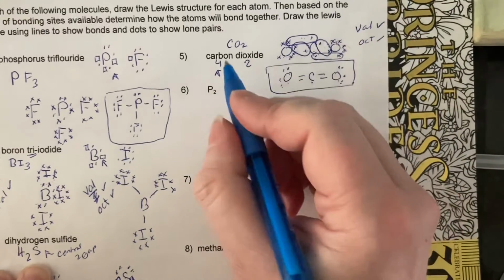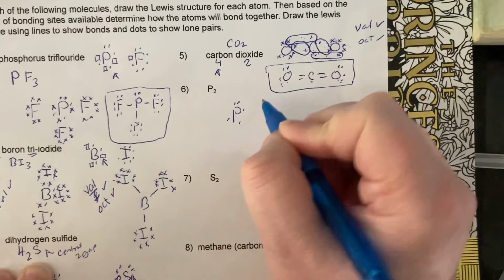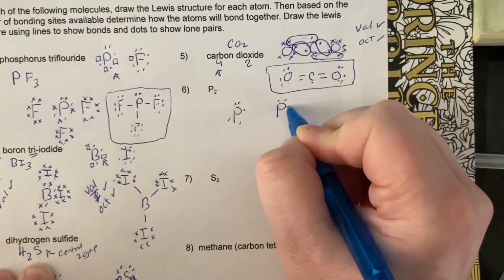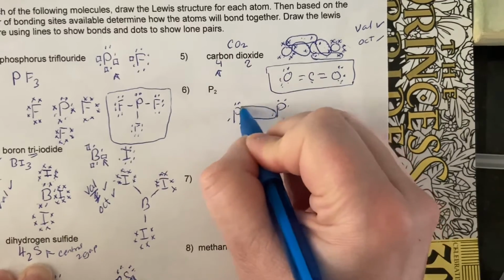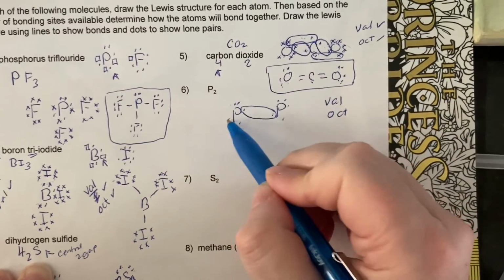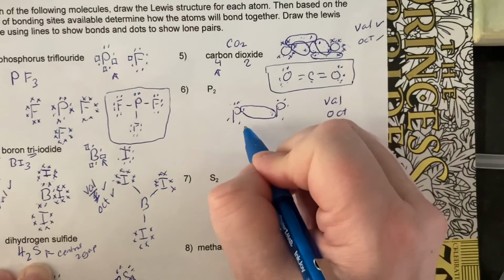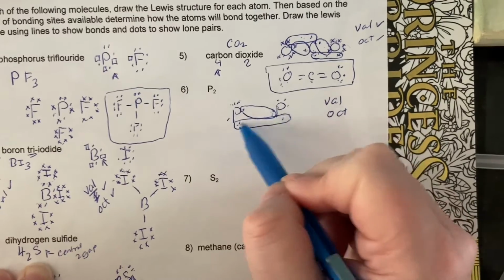Okay, P2. Well, no central atom, so I'm just going to go right to drawing around 5 valence electrons because of group 15. 1 layer, check valence and octet. 1, 2, 3, 4, 5, 6. Nope, not there yet. Second bond, 1, 2, 3, 4, 5, 6, 7.